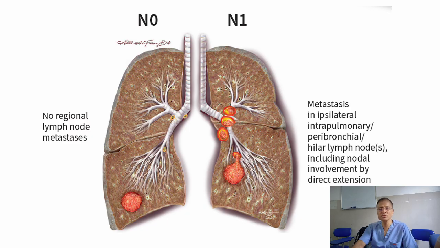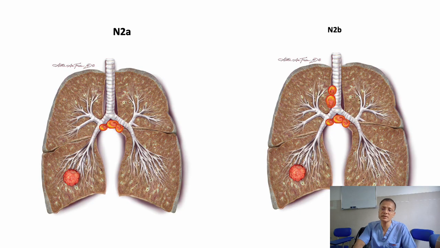N0, N1. Whatever was published in 2009, the staging system till now, 2025, has not been changed in the nodal staging except at one point. N0 remains the same, as in the previous classification. N1 also remains the same. Only the change has happened in the N2 group, which is now classified into N2a and N2b.